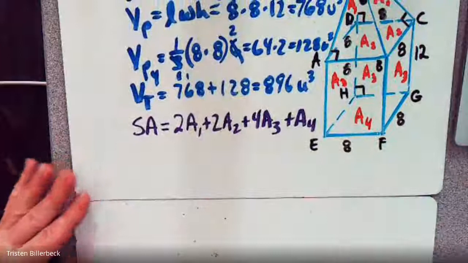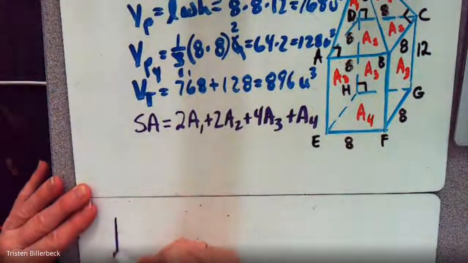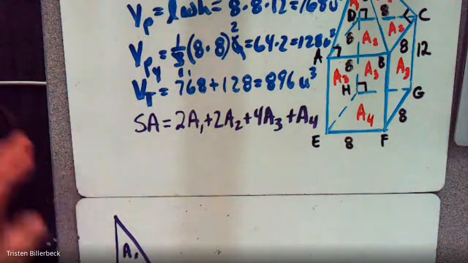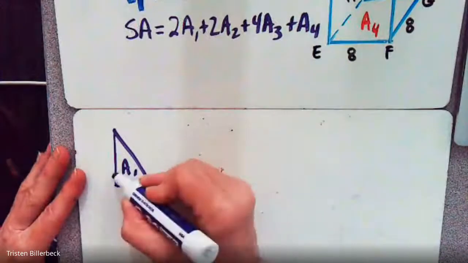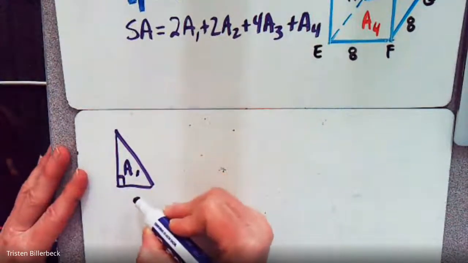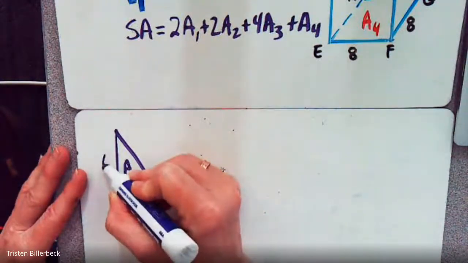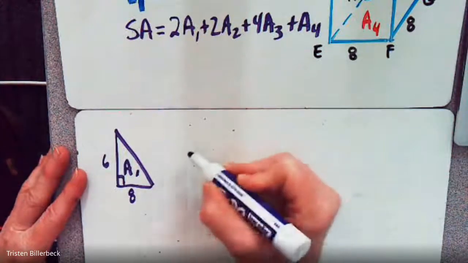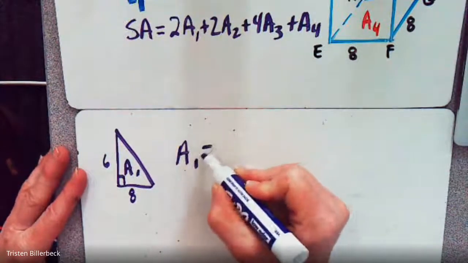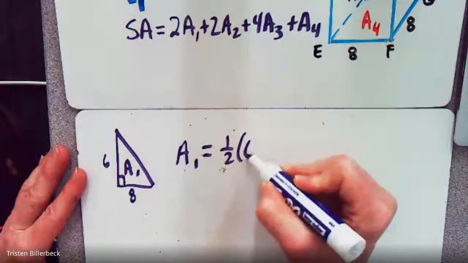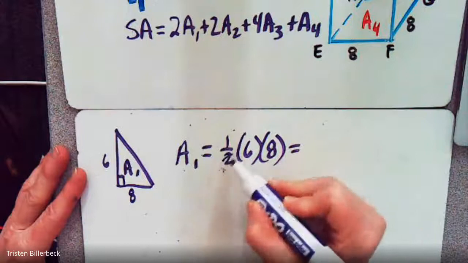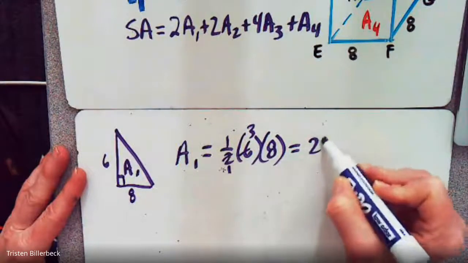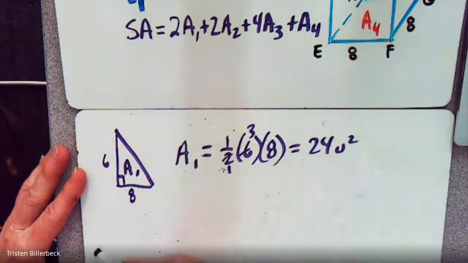All right, so A1, I'll draw it out. So A1 is, we have a right angle here, and this is 8 and 6. So A1 equals 1/2 6 times 8. Okay, so that's just 3, so we have 24 units squared.